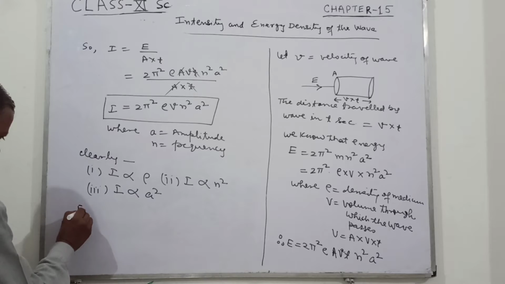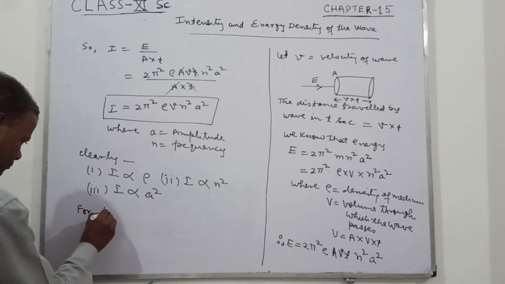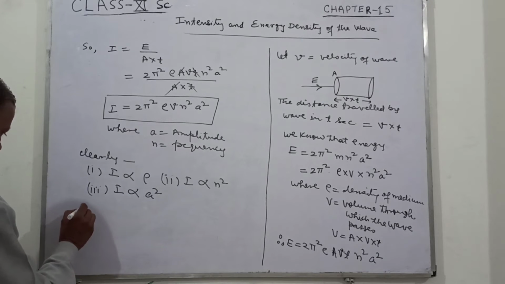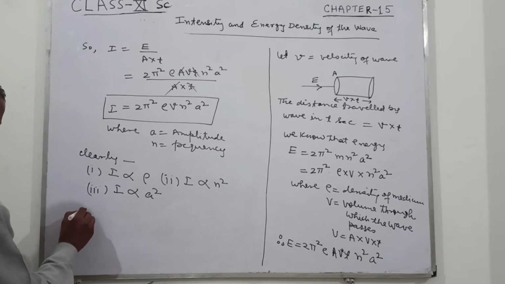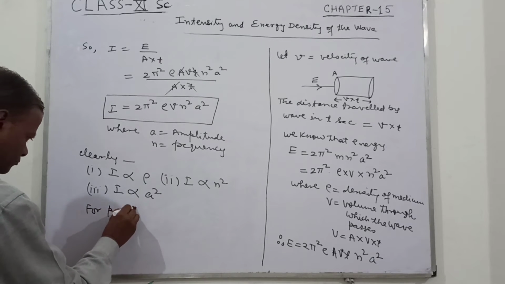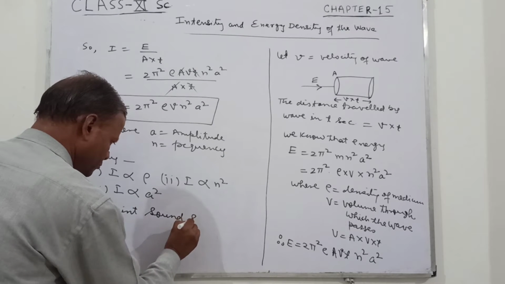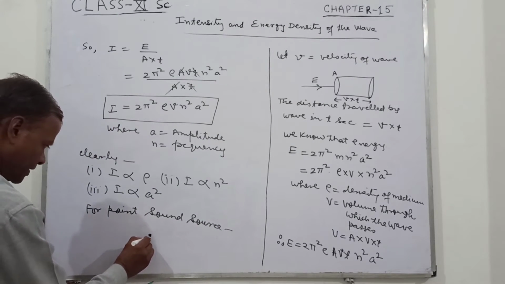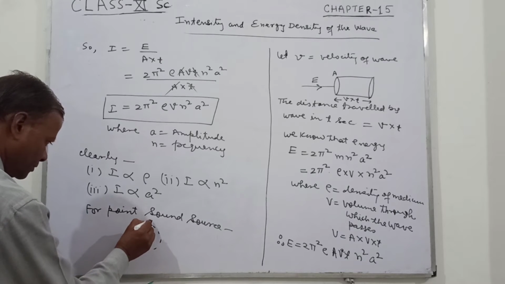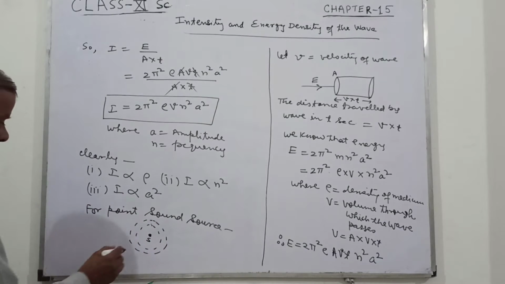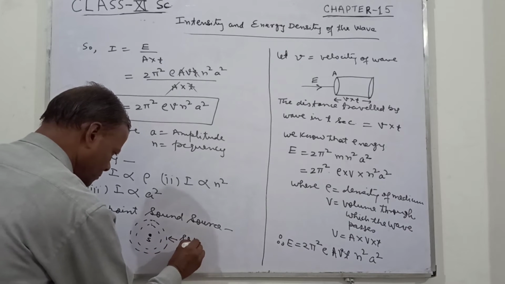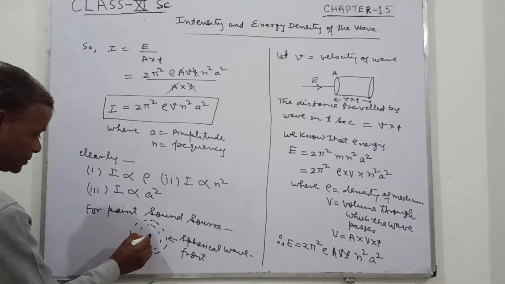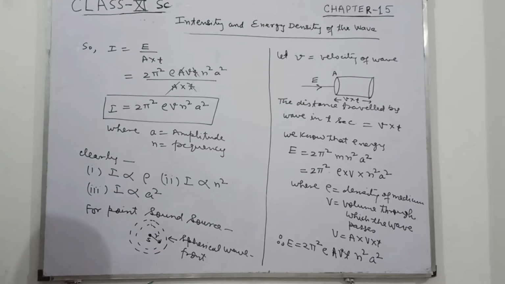Now if we take a point sound source, suppose this is a sound source S, then we can see that the wavefront will be spherical. Suppose this distance is R, then the area will be 4 pi R square.